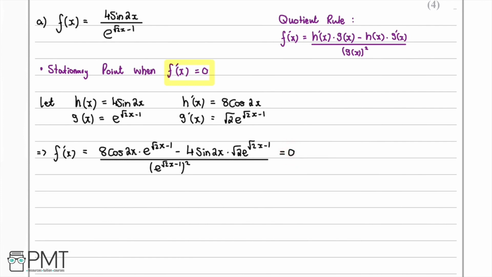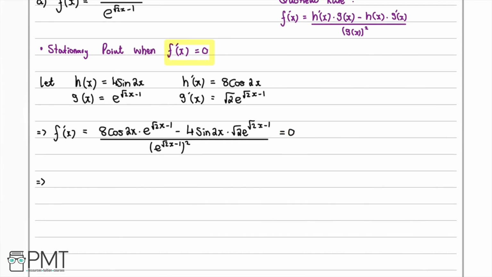That leaves us with 8 cos 2x multiplied by e to the power of root 2 x minus 1, and then we subtract. We can do a bit of tidying up: root 2 multiplied by 4, so subtract 4 root 2 sine 2x, times e to the power of root 2 x minus 1, and set that equal to 0.